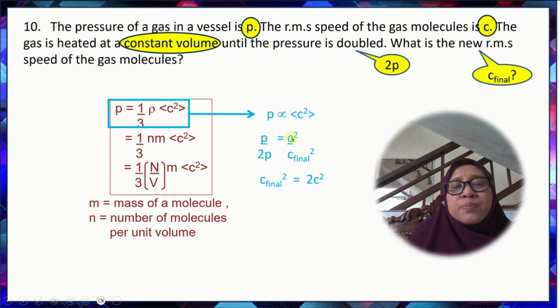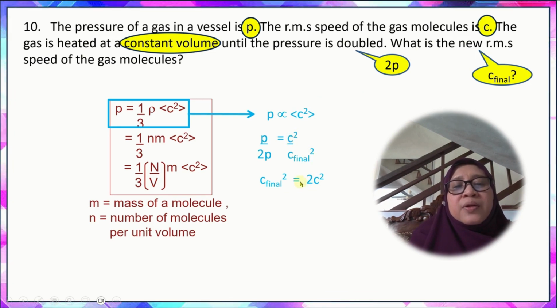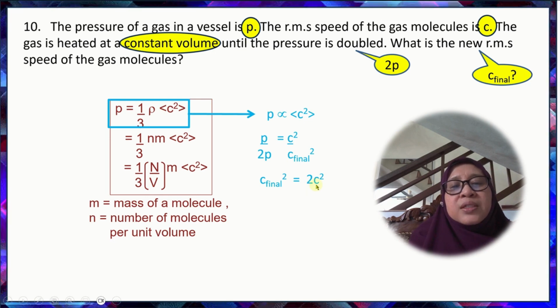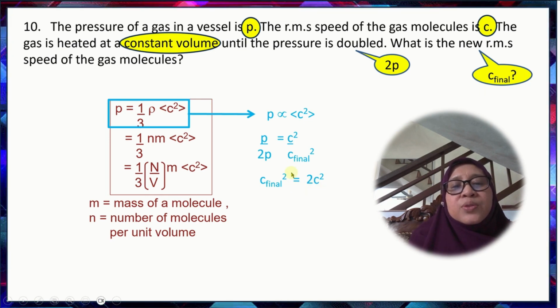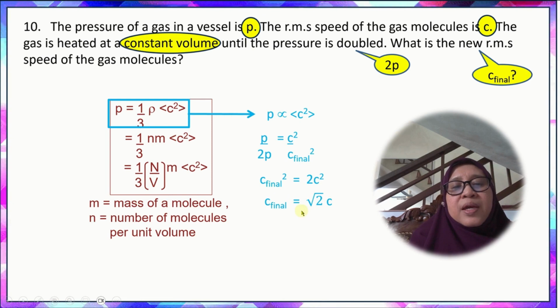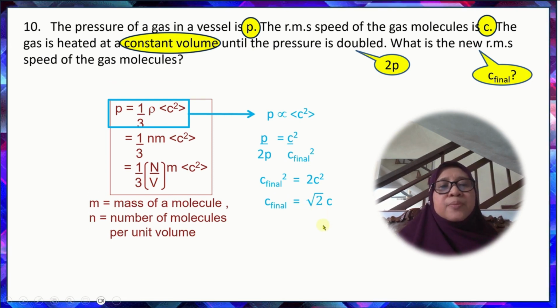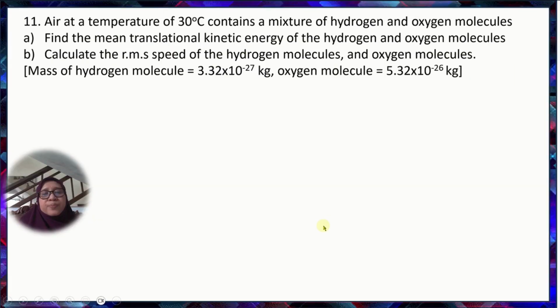Sorry, this is mean square speed. We cross multiply, cancel the P, and we get 2C squared equals C final squared. So C final equals root 2 C. So this is the answer.